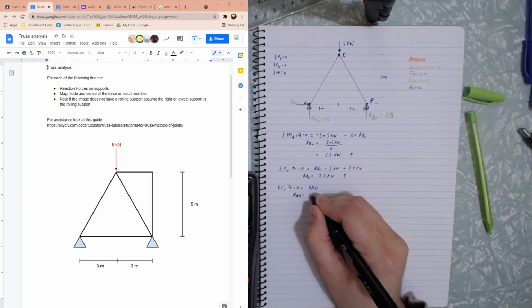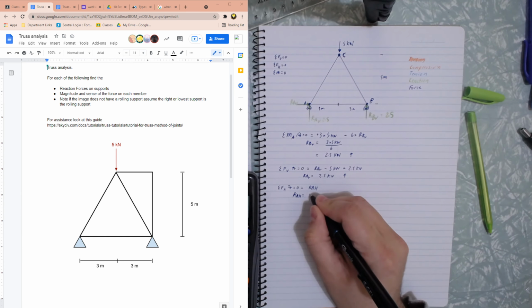I'm going to draw it in pencil because I'll change the color once we know what it is. We have either a force in tension or compression going in this direction. Same with this top member over here. We have a force in tension or compression in one of those two directions.